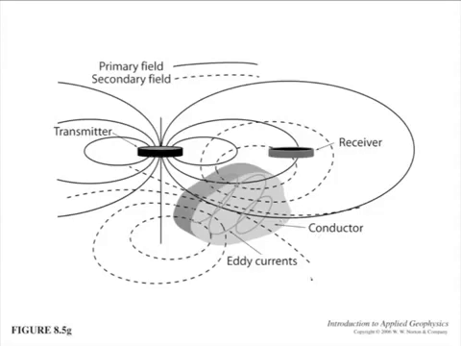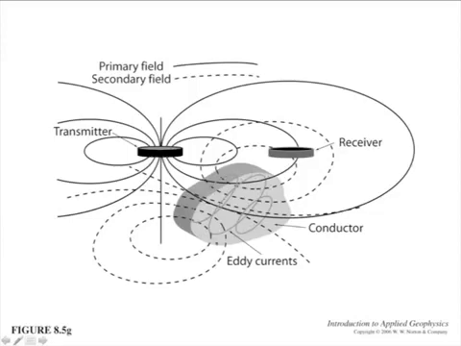Okay, so the magnetic field is going to cut along the conductor. If it cuts along the conductor and we shut it off, then suddenly there are going to be eddy currents that are going to be resisting that shut off.